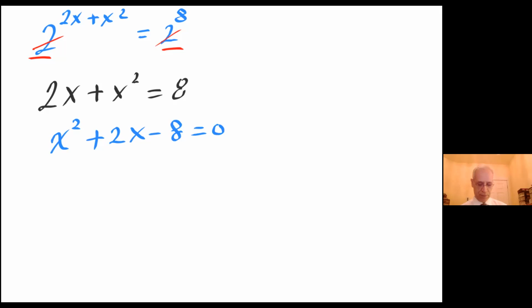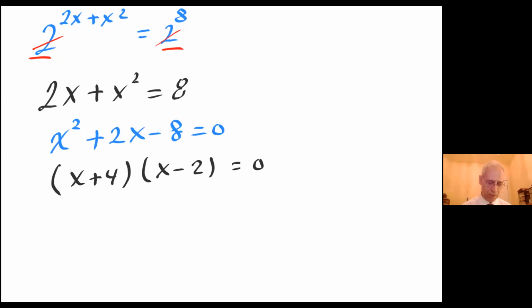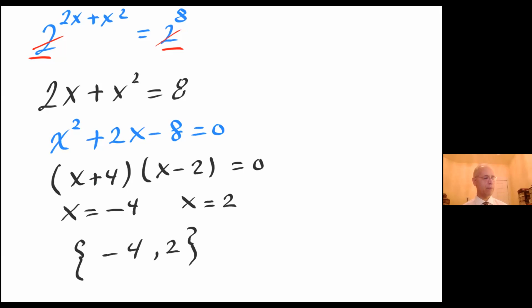And it is factorable to x plus 4, x minus 2, equals 0. So x equals negative 4 and x equals positive 2. So the solution set is negative 4 and positive 2.